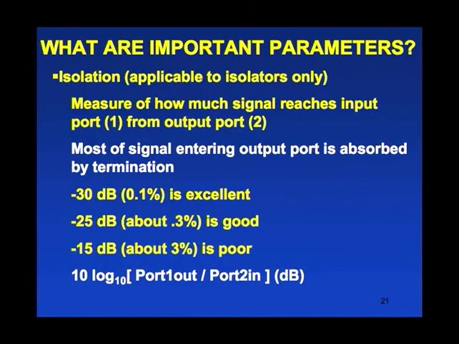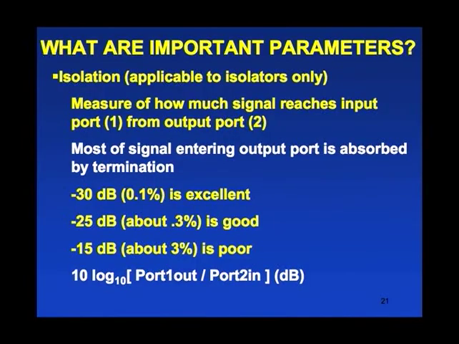The other and last important measurement is the isolation. Obviously, it doesn't apply to circulators because we don't have the termination in to make an isolator. And so we measure how much of the signal reaches the input. We put the signal in to measure this on the output. It'll be port 2 in the diagrams we've shown you, and we're looking at the signal coming out from port 1.